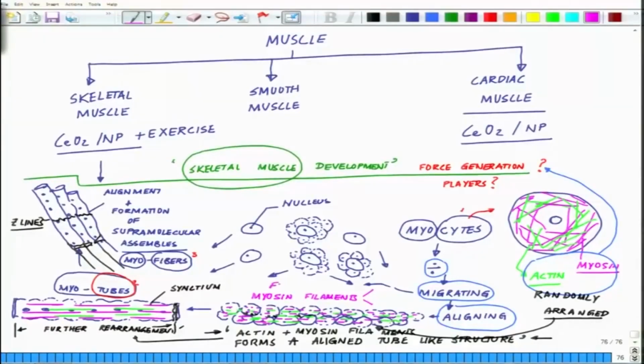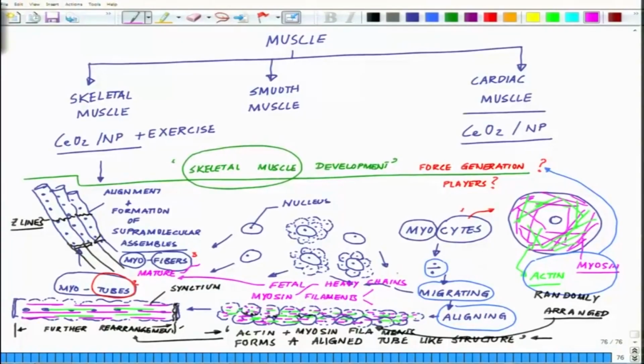Okay, so they have fetal myosin, and these are called fetal myosin heavy chains. As we are taking birth, they become much more mature, there is a change in their protein conformation, and they become more adult-like myosin heavy chain.